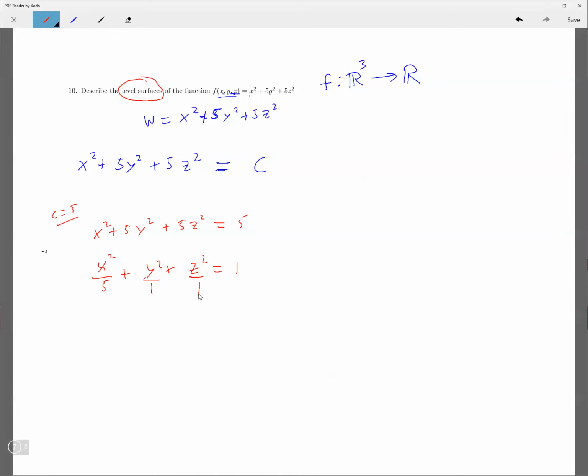Okay. So I'm not going to try to draw it. You could also choose C to be equal to 1. Then it would be x squared plus y squared plus z squared, all equal to 1, and you could write it with denominators, which is really weird.